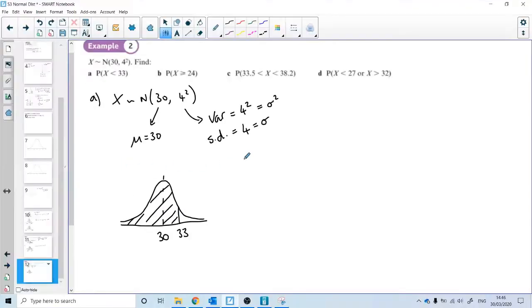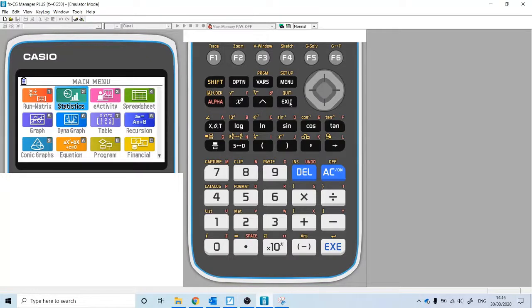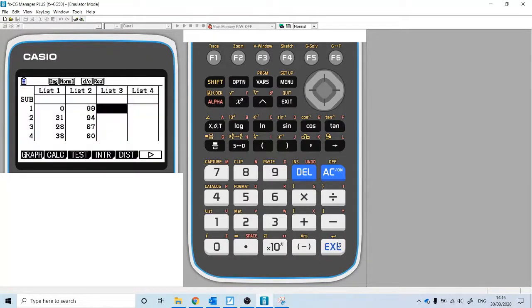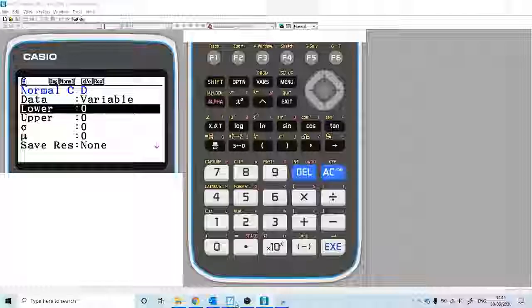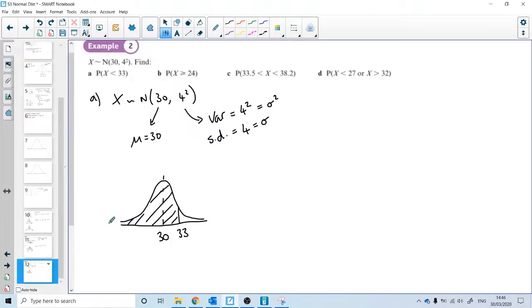So if you go to our calculator and go on statistics, distribution, normal CD, because we want between two values. Now we need to work out what to put our lower value as, but we want to shade in all the way down to minus infinity, but obviously our calculator can't take minus infinity.